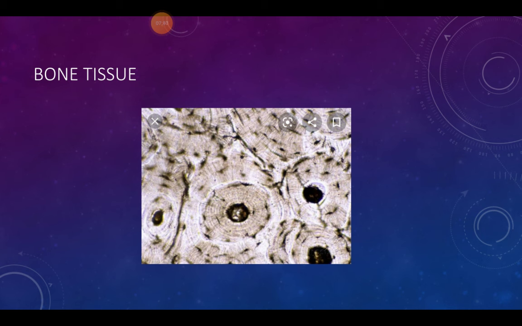They are embedded in a hard matrix. The matrix is present in the form of concentric layers around a central canal. The matrix contains salts of calcium, magnesium, and phosphorus.